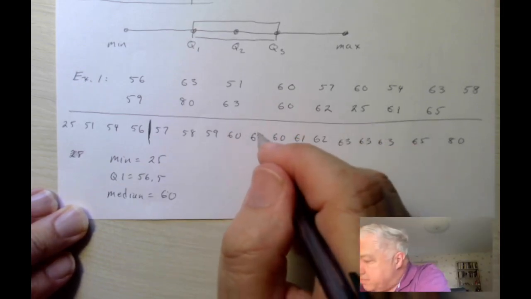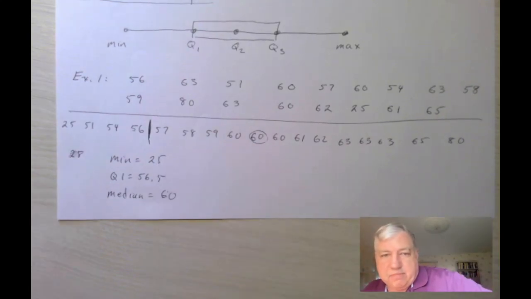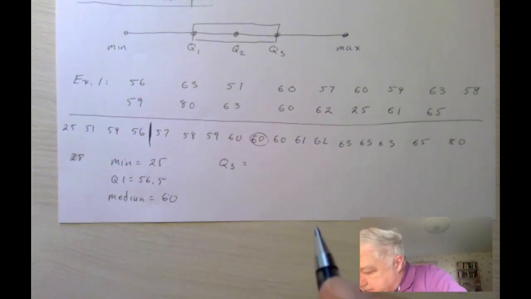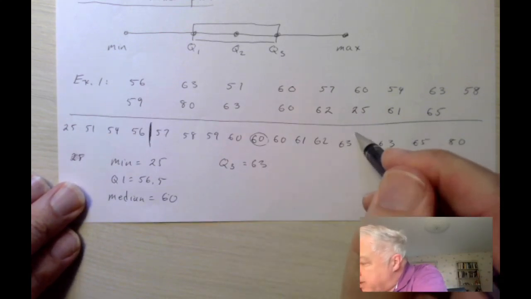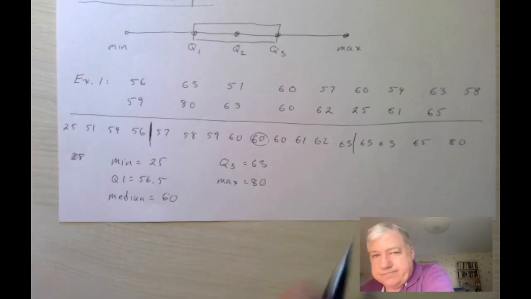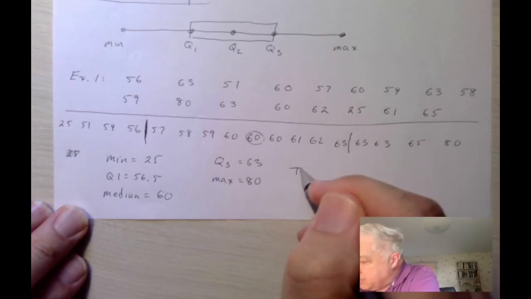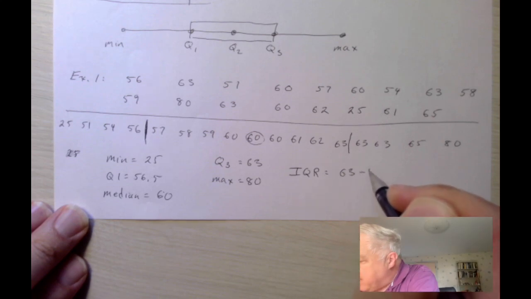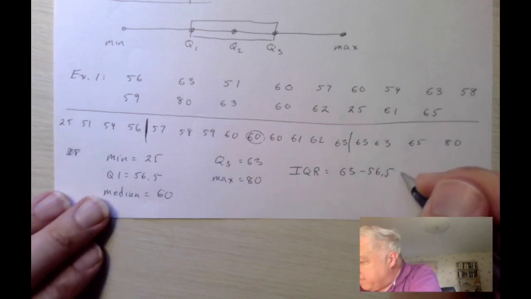In this case, because we have an odd number of entries, the median is an actual data value. Q3, we said, is 63, so it's about right here, and the maximum is 80. The interquartile range would be 63 minus 56.5, which is 6.5.